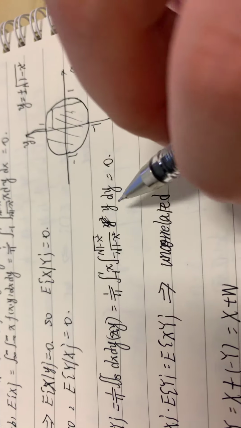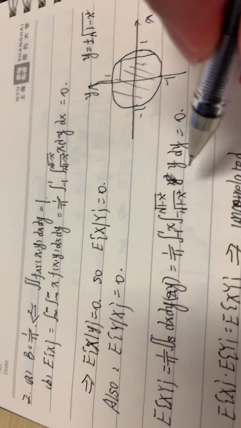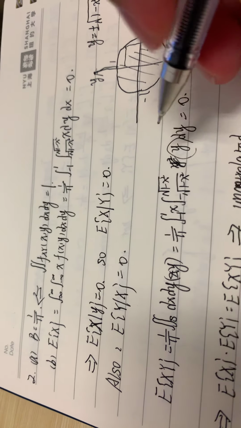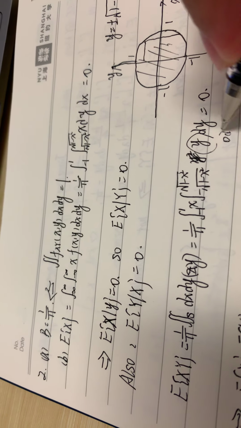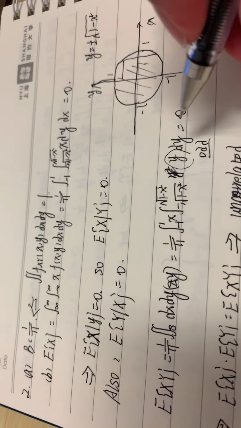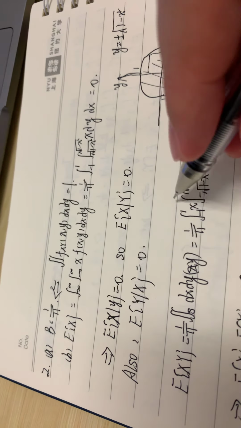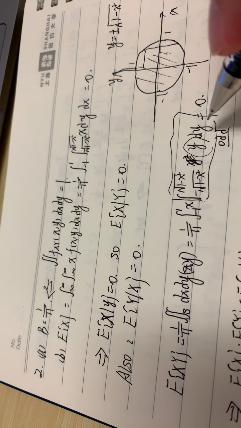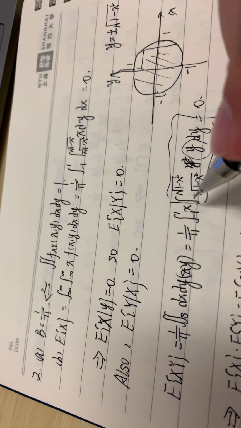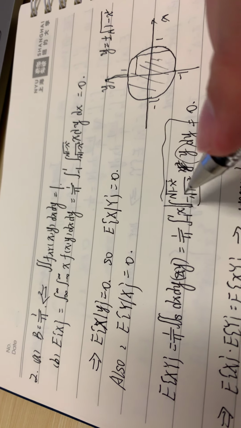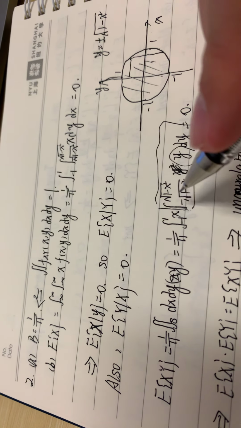We put it down as the integral of y dy, and you should see that y is an odd function. We do the calculation, and the first integral is equal to 0. So no matter what happens during the second step, the final result of the equation should be 0.